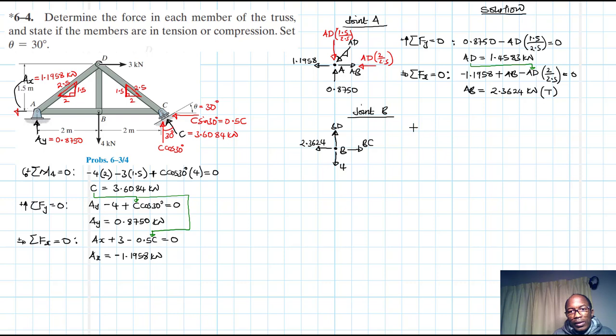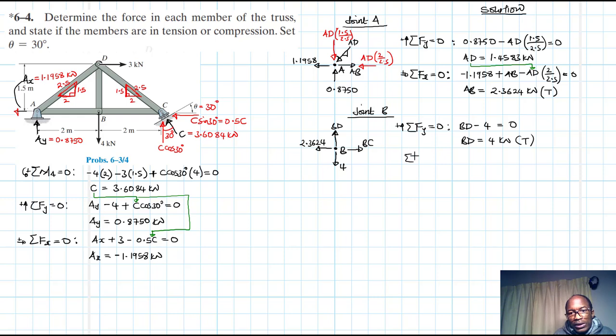Alright. So we have summation of forces in the y equal to 0. What do we have? We have BD minus 4 equal to 0. Therefore, our BD will be equal to 4 kilonewtons, and this will be in tension.